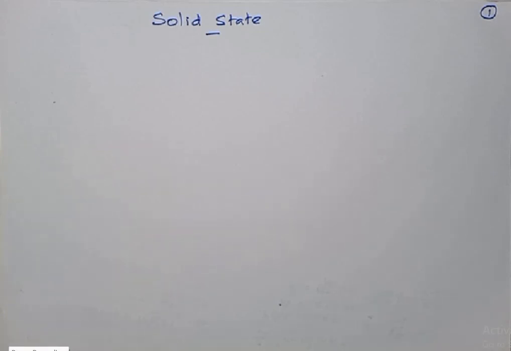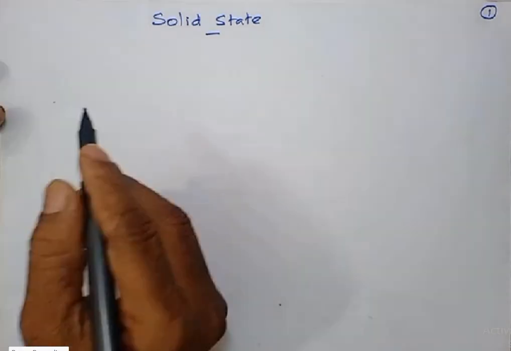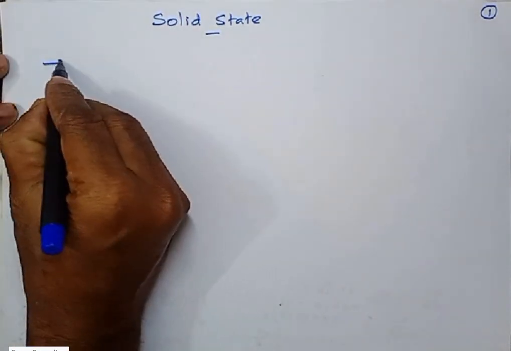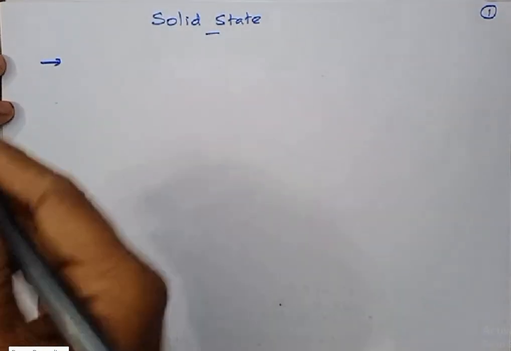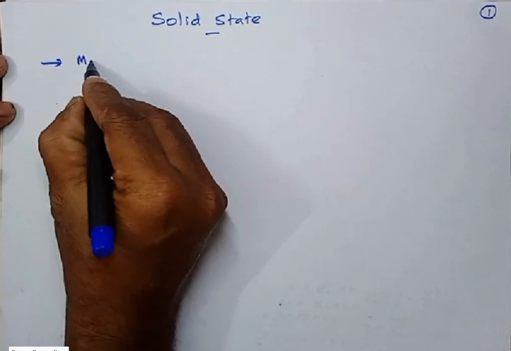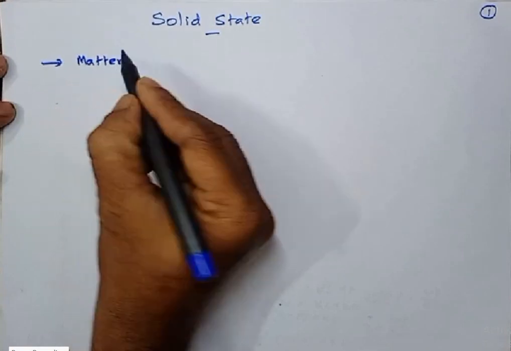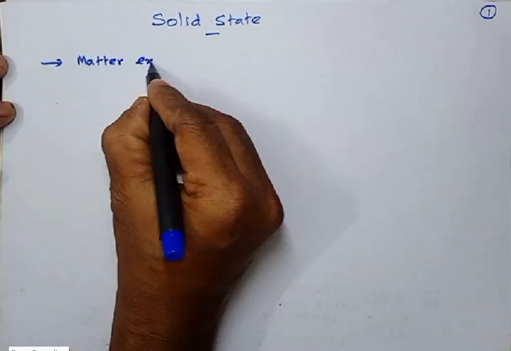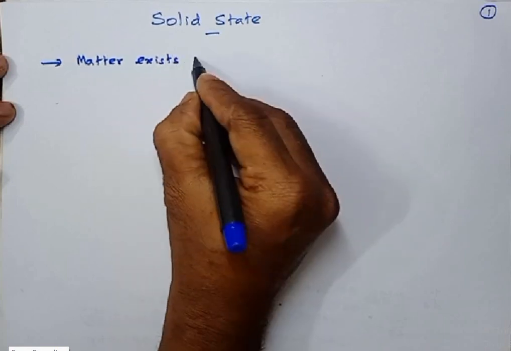So here we are going to discuss some basic aspects of solid state. Okay. So we all know that matter exists in different forms, right? Solid, matter exists in different forms.